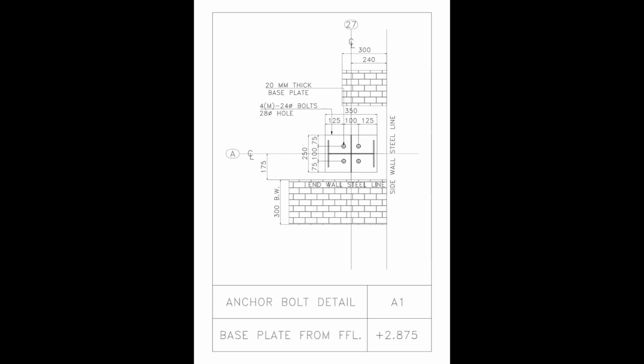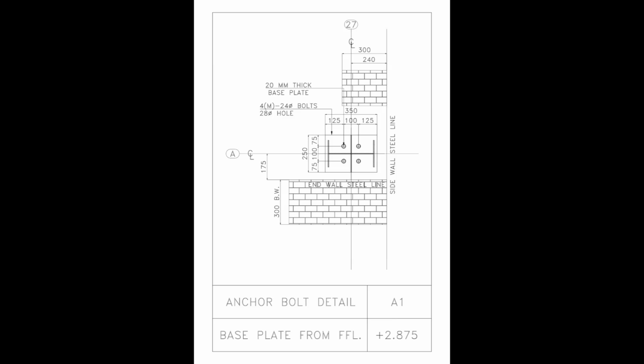This is anchor bolt detail A1. The main base plate arrangement remains similar, with a 350 by 250 mm plate and 4 M24 bolts with 28 mm diameter holes. However, the important difference is the location of the column relative to both the end wall steel line and the sidewall steel line.